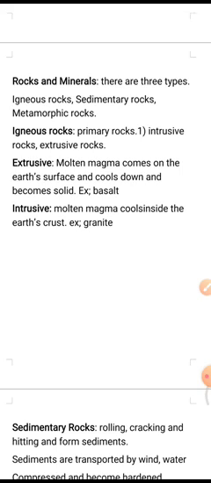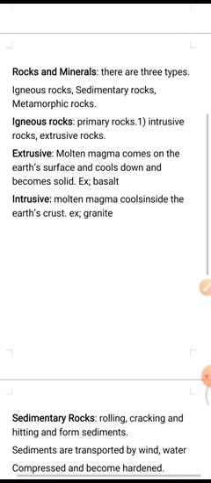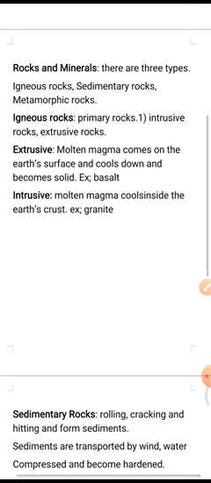Now the next one is sedimentary rocks. Sedimentary is from the Latin word sedimentum, meaning settle down. When rocks roll down, crack, and hit each other, hit by wind or water, they are broken down into small fragments.